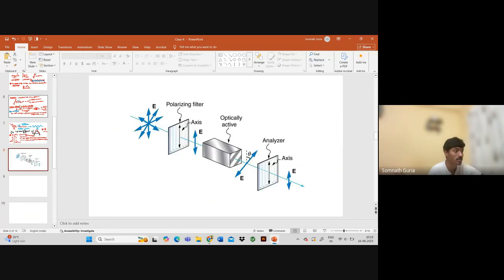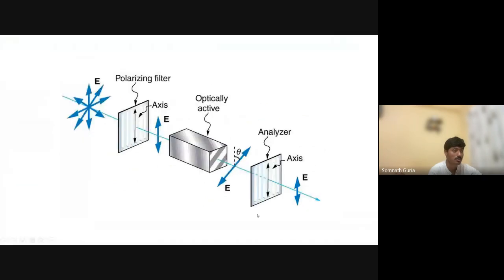Let's talk about these things. First, we have unpolarized light. Unpolarized light means, let's suppose we have electromagnetic radiation, short-term electromagnetic radiation, which is propagating something like this.